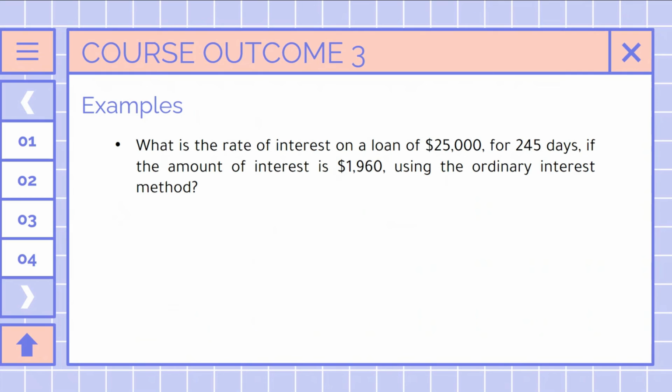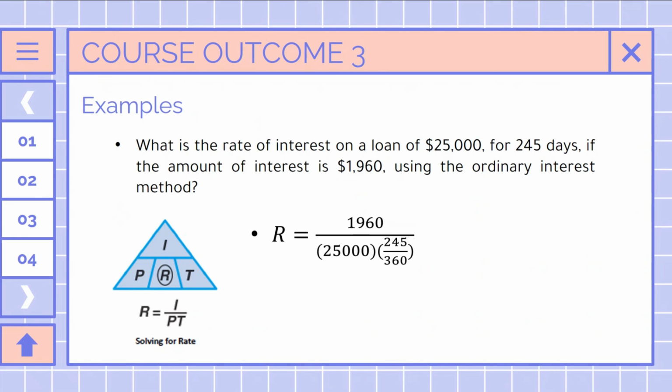Next is, what is the rate of interest of a loan of $25,000 for 245 days if the amount of interest is $1,960 using the ordinary interest method? So for the rate, interest over principal times time. So let us substitute.